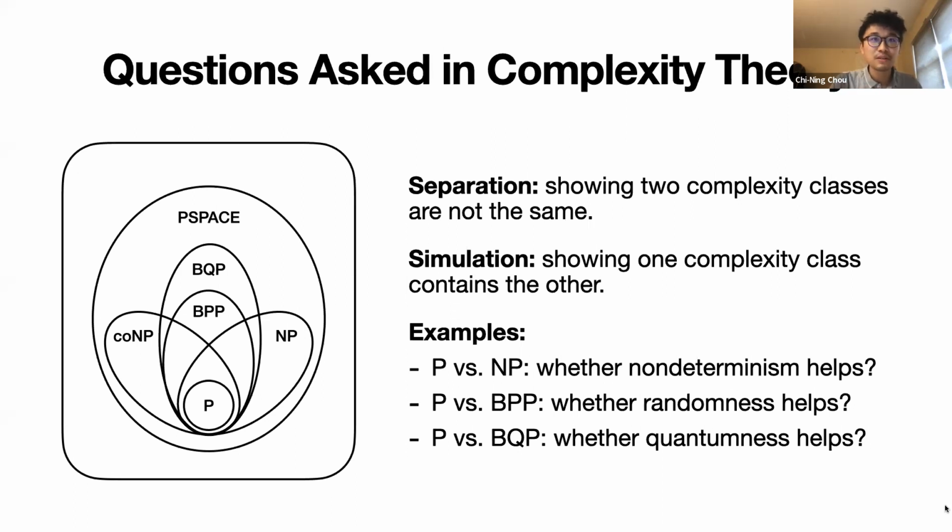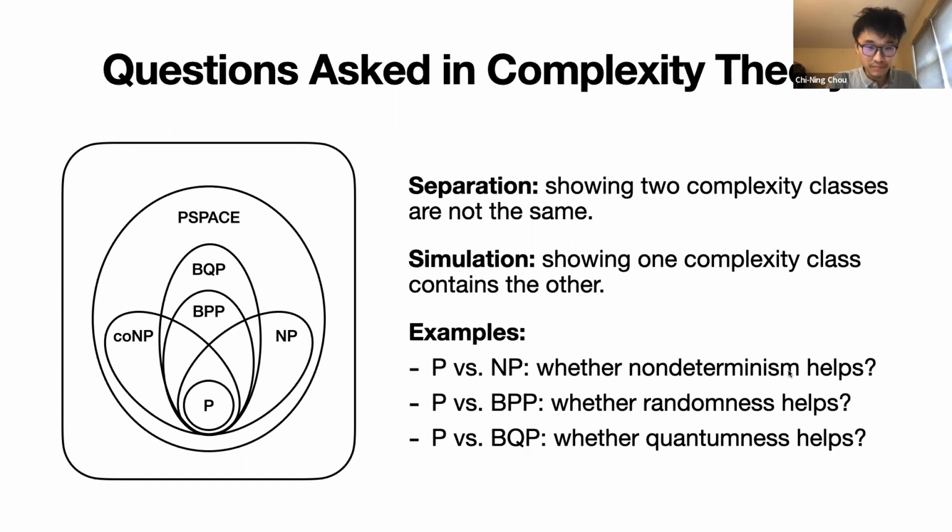For example, P you can think of as a collection of computational problems that can be solved in polynomial time, meaning it can be solved efficiently by some Turing machine or algorithm. And NP is a collection of problems that can be solved efficiently with the help of a verifiable guess.